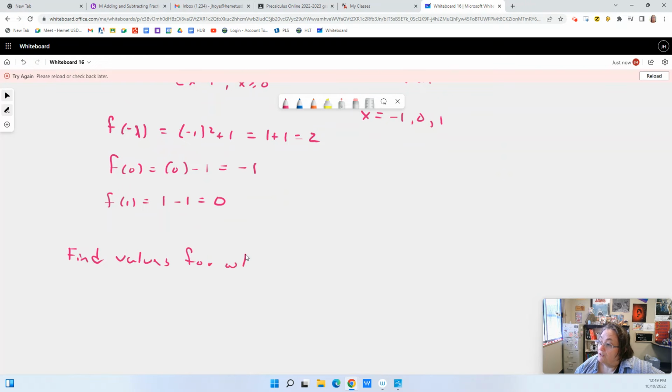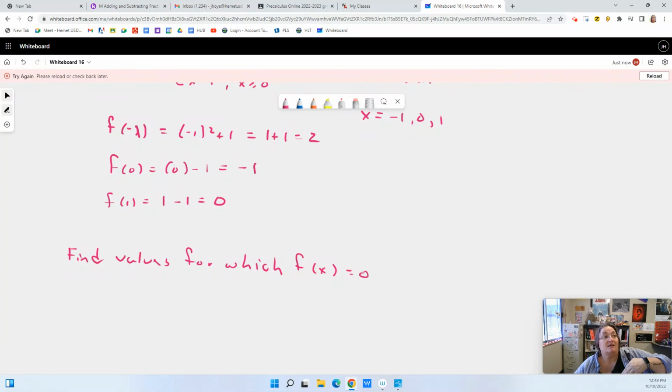For which f of x, or whatever function, equals 0. All that means is whatever function they give you, set it equal to 0 and solve it.